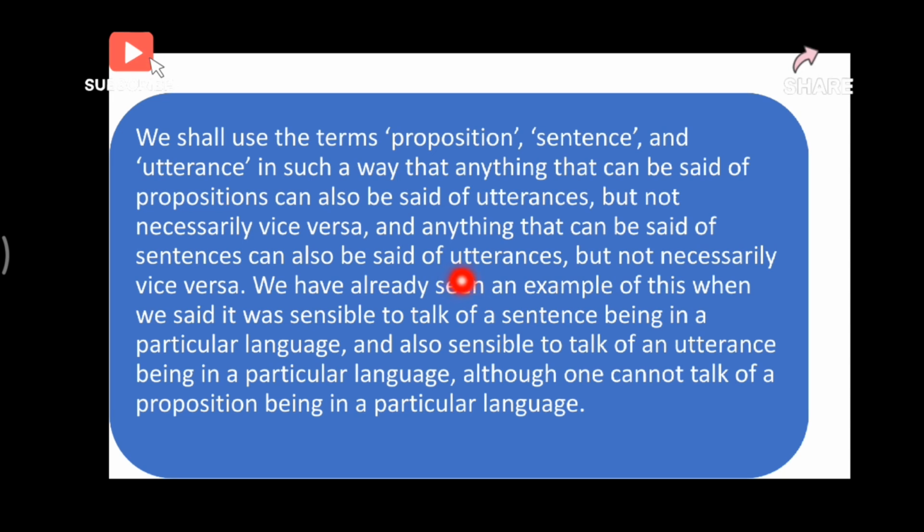Anything we say about an utterance cannot necessarily be said of the sentence. We have already seen an example of this when we said it was sensible to talk of a sentence being in a particular language, and also sensible to talk of an utterance being in a particular language, although one cannot talk of a proposition being in a particular language.